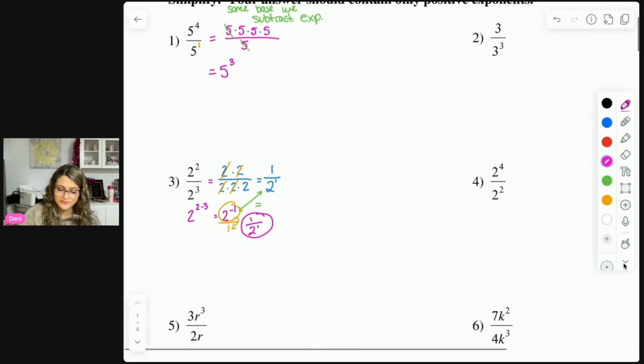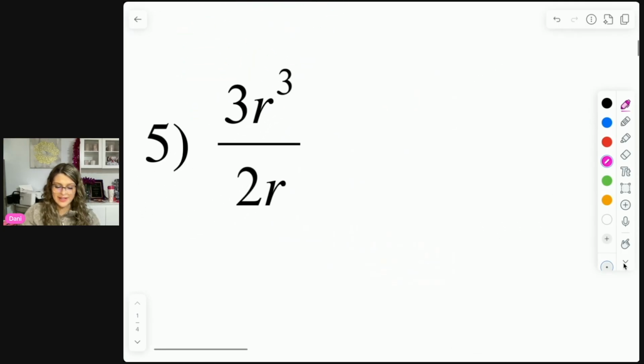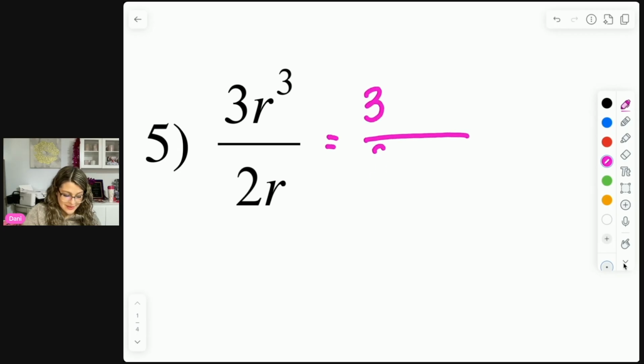All righty. Let's get to a beefier one. Let's check out number 5. When we have real life numbers, if we can simplify those, that's great. In this case, we cannot, so we will keep them on the top and on the bottom. Now we do have some same base exponents here, r cubed and r technically to the first power.